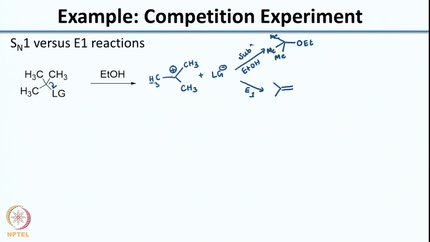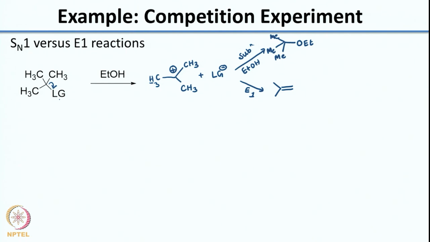Now, if you look at it based on the standard textbook mechanism that you have studied so far, the rate determining step is formation of the carbocation. So, then what you would see is you should be generating the same intermediate irrespective of which leaving group you use, because we have studied that this first step is the rate determining step.